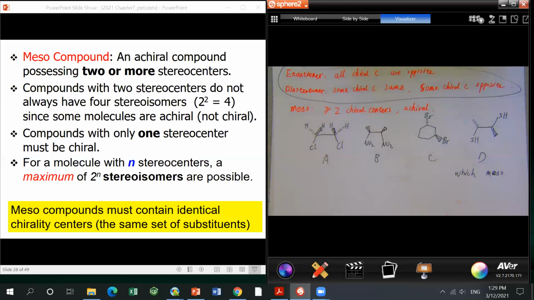This morning some students tried to answer this question, but nobody gave the right answer. Take a try. We have A, B, C, D. Which one, or which ones? Maybe there's more than one meso compound.